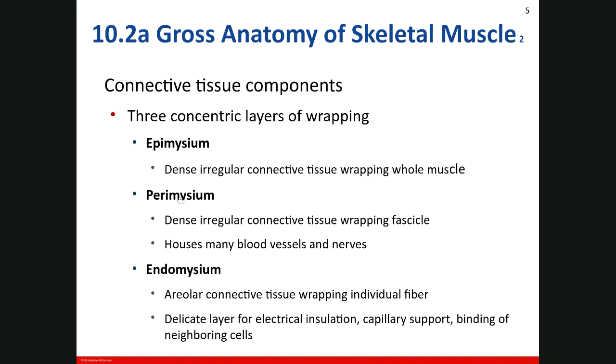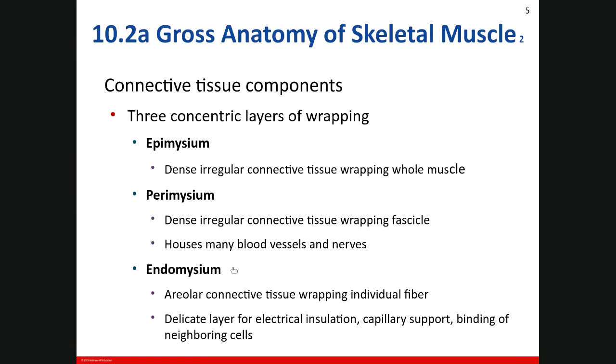Of the three connective tissue layers, the epimysium is the outermost layer, dense irregular connective tissue wrapping the whole muscle. We have perimysium, which is dense irregular connective tissue which wraps the fascicles, and it can house many blood vessels and nerves. And the endomysium is the areolar connective tissue which wraps each individual fiber.